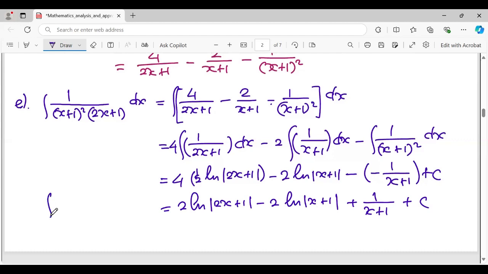So this is the integral of 1 over (x plus 1) squared (2x plus 1) dx.